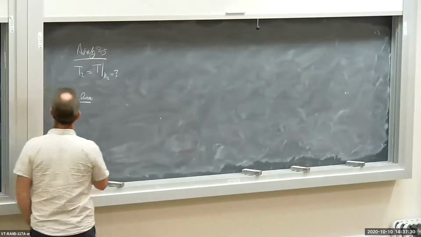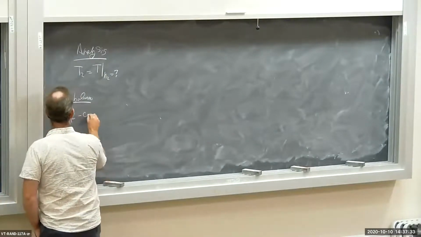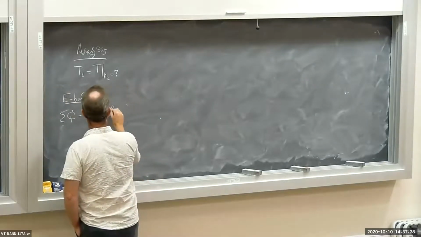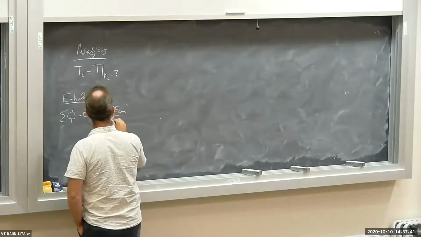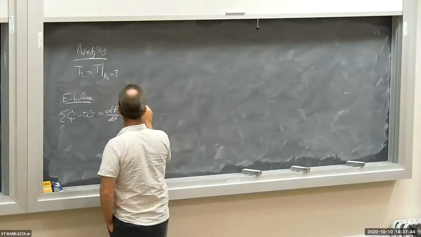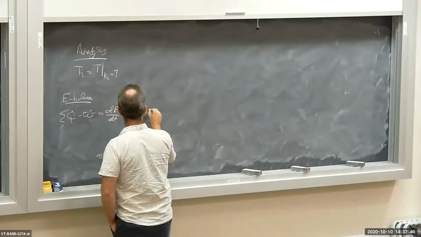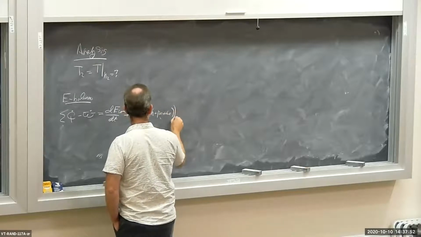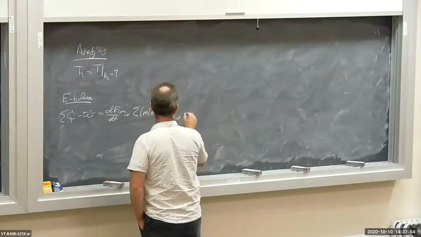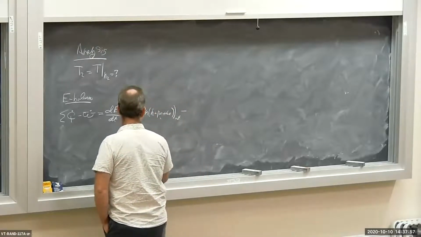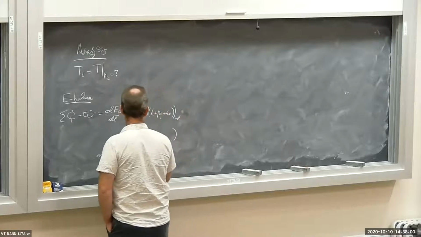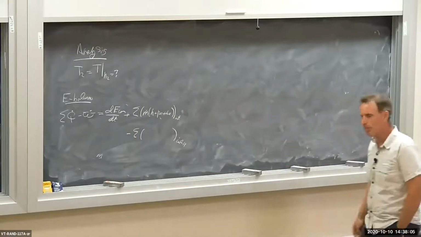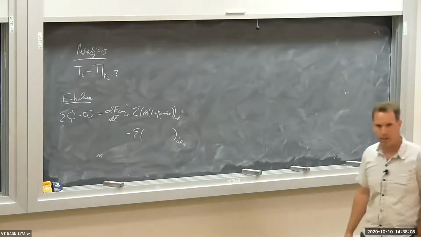So I have Q dot minus W dot, and there could be multiple heat transfers going on, is equal to dE_CV/dt plus the sum of m dot (h plus PE plus KE) summed over all outlets minus the same thing summed over all inlets. Okay, so there's the energy balance for my nozzle.